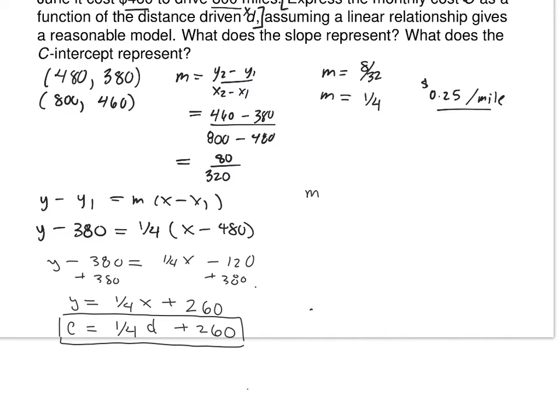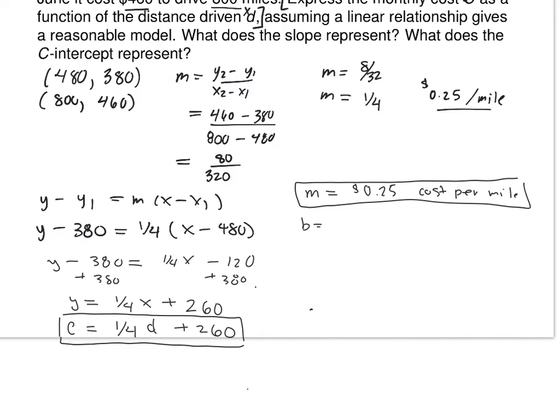So already discussed that the slope is 0.25. This is the cost per mile. Or you could say it's $1 for every 4 miles. It's also the same thing. What is the y-intercept?